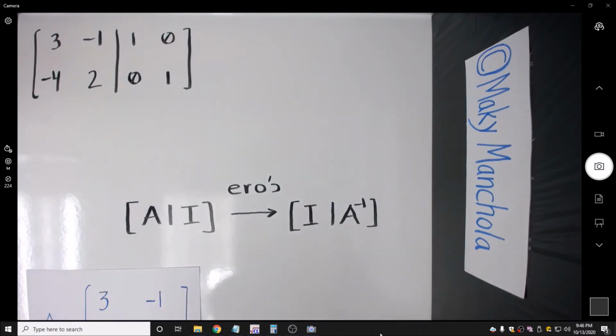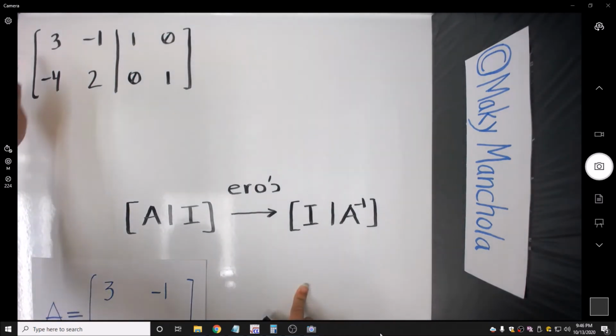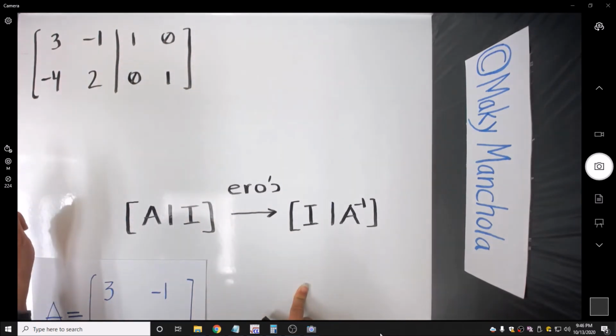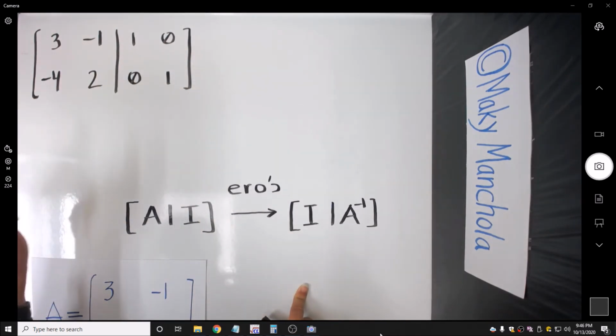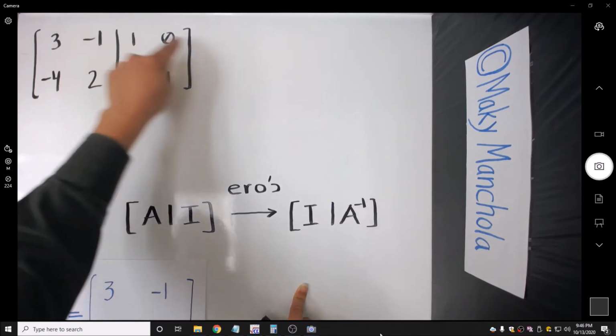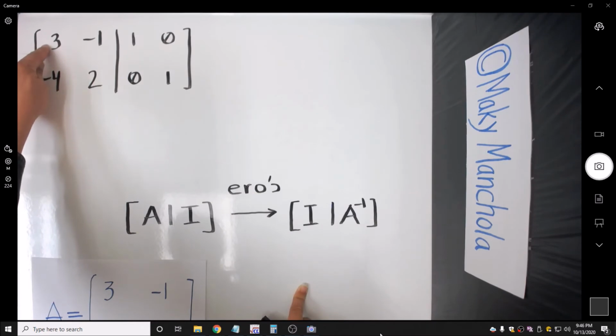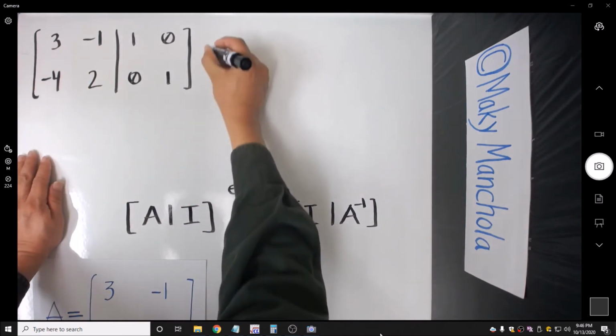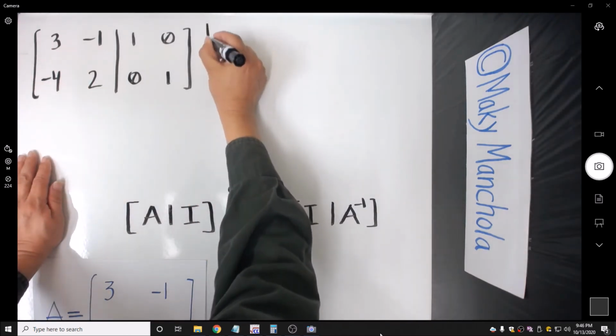Okay, so first, we look at the first row. The first non-zero entry, we want it to be 1 to become our pivot. So we need to multiply the first row by 1/3 to make that happen. So multiply row 1 by 1/3.